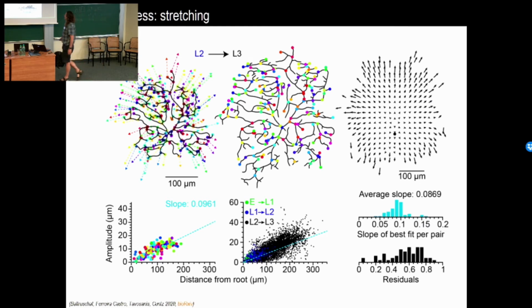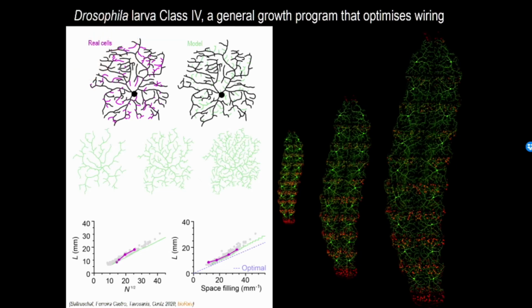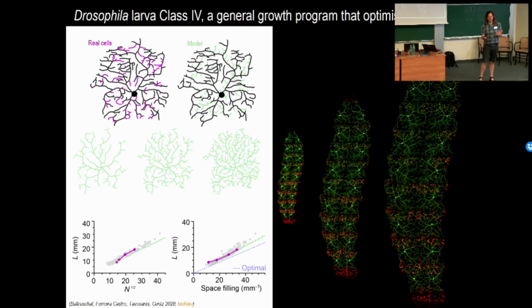Yeah, the amplitude of the vector corresponds to the distance from the root, so it's a linear stretching. Okay, and now we can remove this stretching, and we can only look at the new branches. So this is the data here, and you can see in purple are the new branches when we have removed the stretching. Okay. And now what we observe is that the branches tend to grow towards the space that is as far as possible from existing dendrites, to further space fill the available space.